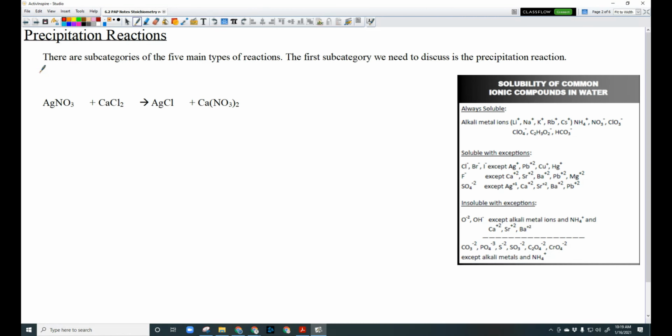And the first subcategory that we need to talk about is what's called a precipitation reaction. Looking back earlier in the year, one of our indicators of a chemical reaction is that a solid is produced.